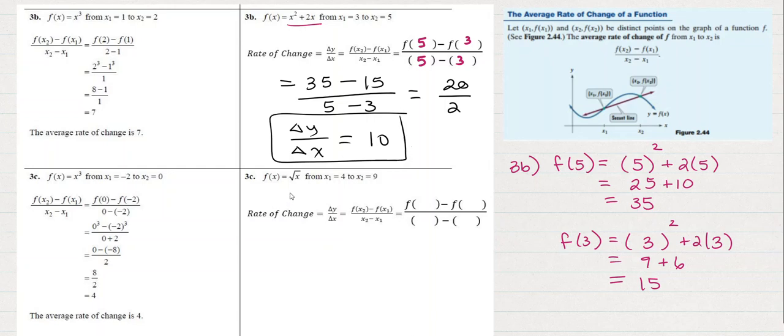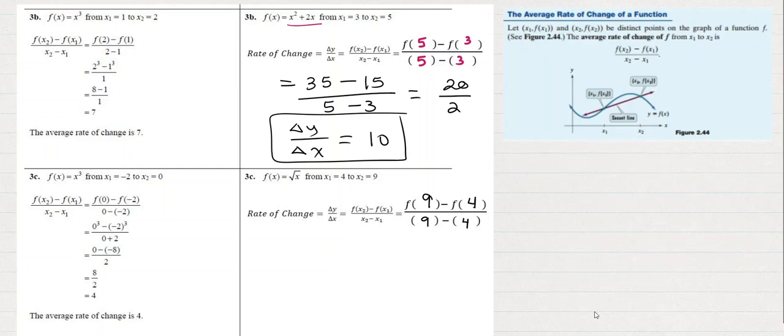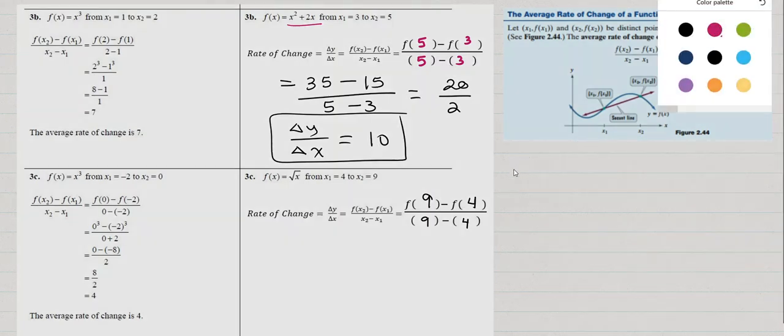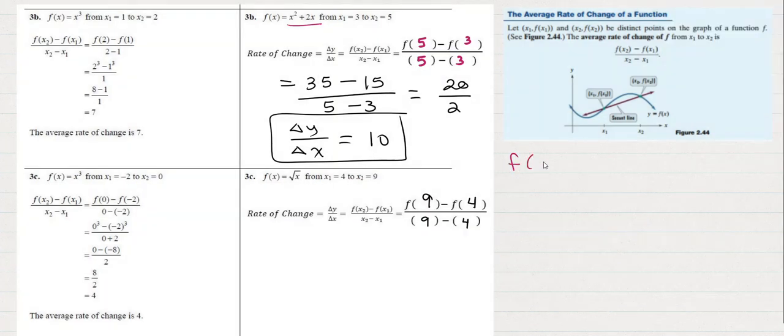And then for the last example, if the f of x is the square root of x, we can find the rate of change from f of 4 to f of 9 by subtracting f of 9 minus f of 4, and then dividing by 9 minus 4. So again, we need to start by evaluating the value of the function. So f of 9, if f of x is the square root of x, it's going to be the square root of, and then fill in the x with 9.